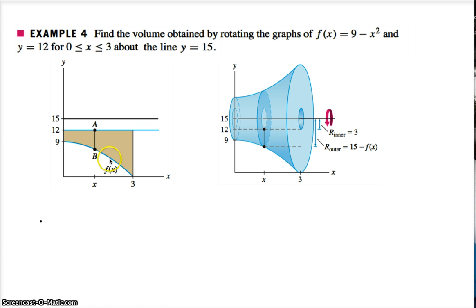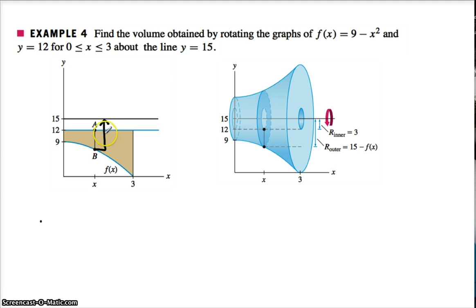Now the larger radius is going to be formed from f of x to this horizontal line, because that's going to be the larger radius, right? So from, say, here, the distance from here to the horizontal line, what will that be? Well, this point is f of x, and up here is y equals 15.